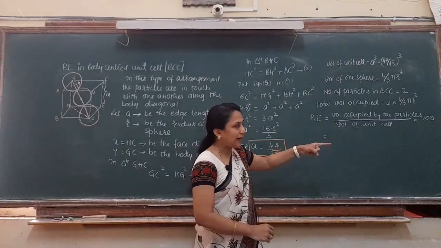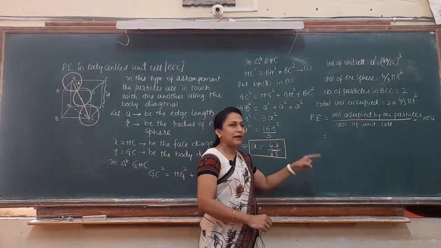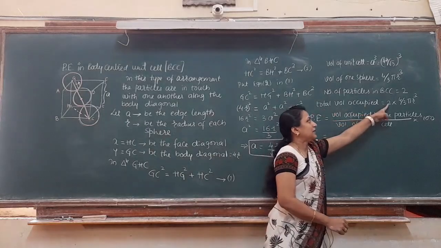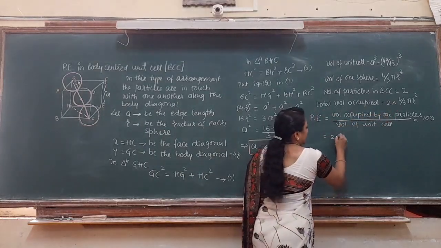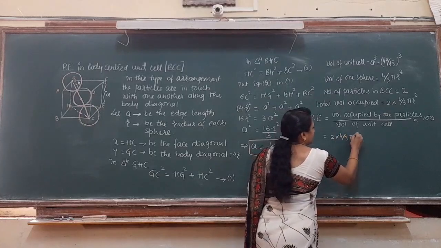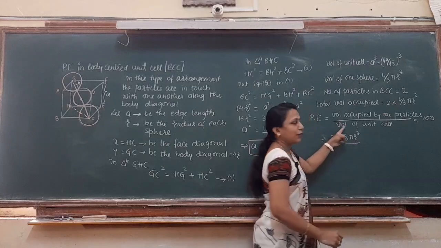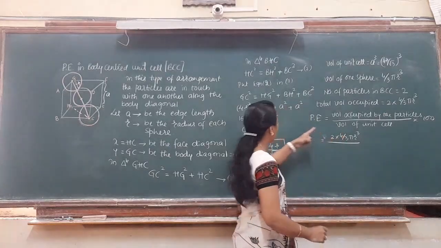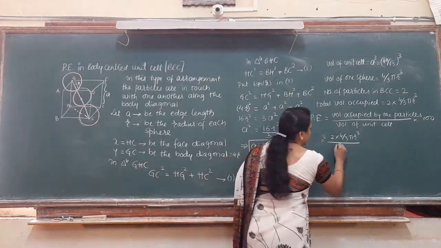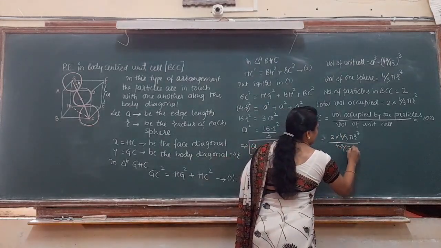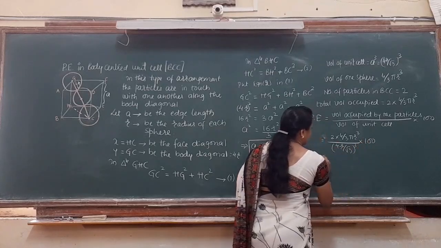We have packing efficiency equal to volume occupied by the particles, which is 2 into 4 by 3 pi r cube, divided by volume of unit cell, which is A cube. What is A here? A is 4r by root 3, into 100.